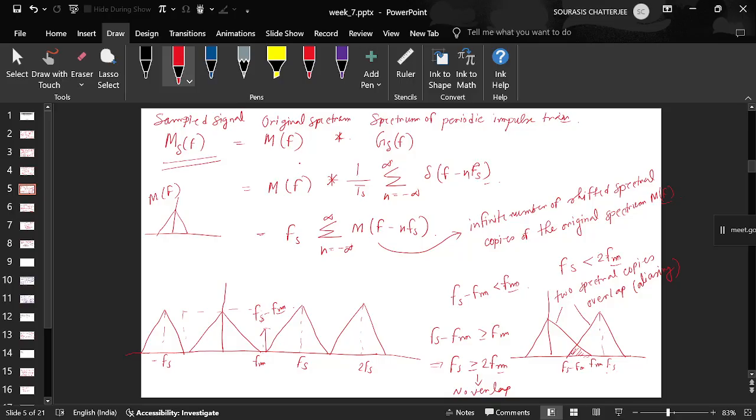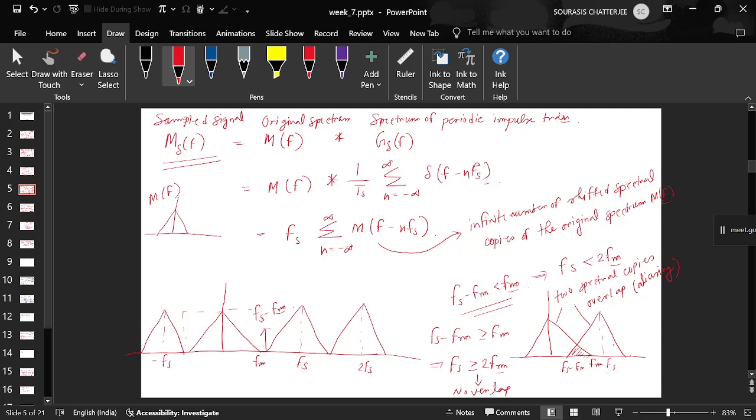So here you can see these two copies overlap under this condition, and this corresponds to when the sampling frequency is less than twice the message frequency. Then your two spectral copies are overlapping on top of each other, and aliasing is going to happen. Now you cannot recover the original message signal because it is already contaminated by the copy in this particular part. You are fine with this part, but you cannot get the whole undistorted signal because this part is already being distorted by another spectral copy.